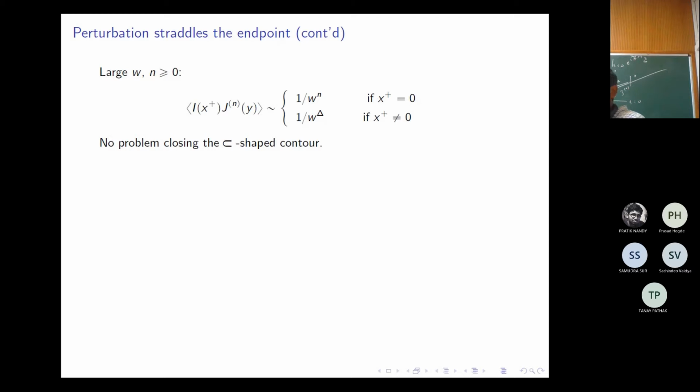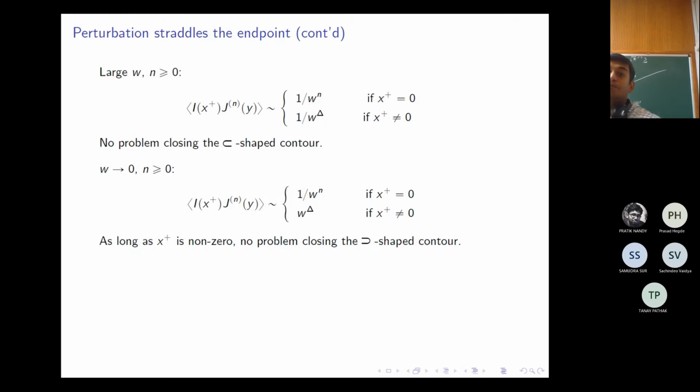But small x and large x, and we will see that for large W, even for small x, and definitely for large x, the behavior of these correlation functions, they kind of die off. When you have small w but small x, then there is a divergence which goes as 1 over w to the n.